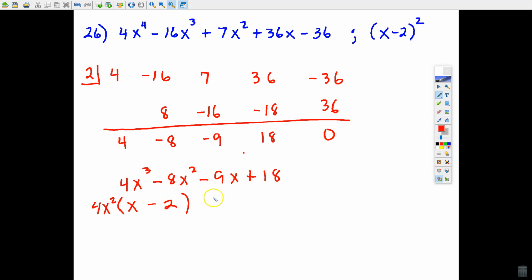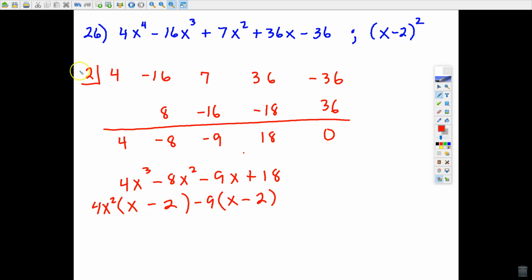And then in this next group of two, I'm going to bring down minus, and 9 goes into both of these, and you're left with x minus 2. Okay, so my parentheses match. I already know that x minus 2 is a factor.